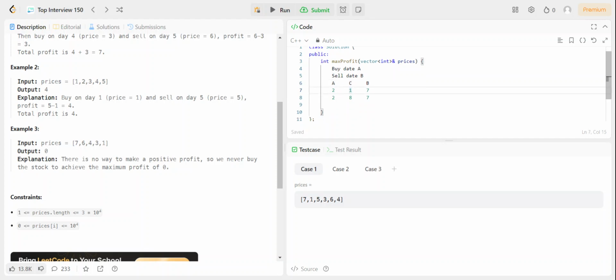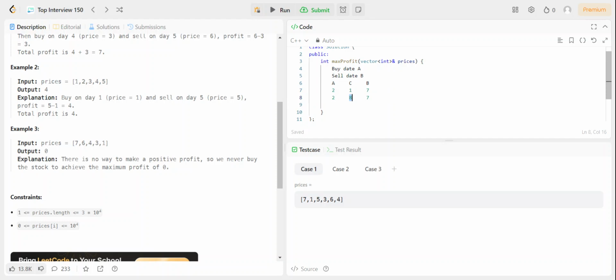And our second case would be that on day C, our price is larger than day B. That means that instead of selling on day B, we sell it on day C instead. We sell immediately when we see day C. So we go from day A, we see day C, and we see the price is 8. We say, oh, that's a profit.